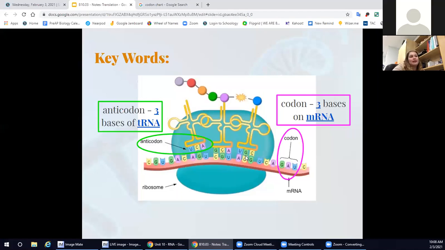For example, right here we have AGU. Remember, RNA doesn't have a T, so there's no T's. But A goes to U, G goes to C, and U goes to A. That's how it matches up. Again, the codon's on the mRNA, and the anticodon is on the tRNA.